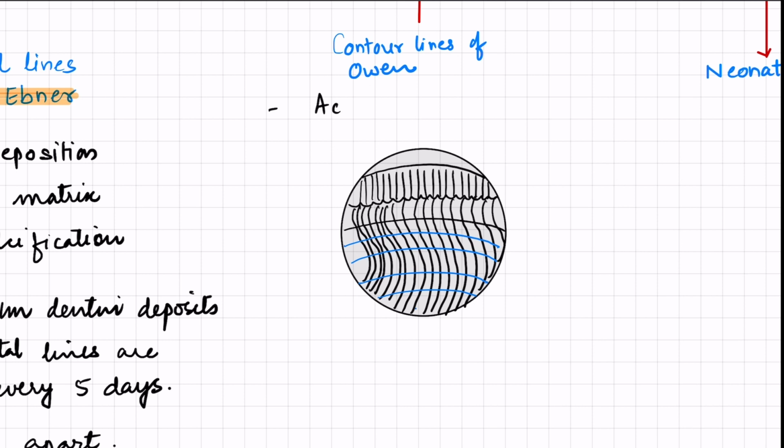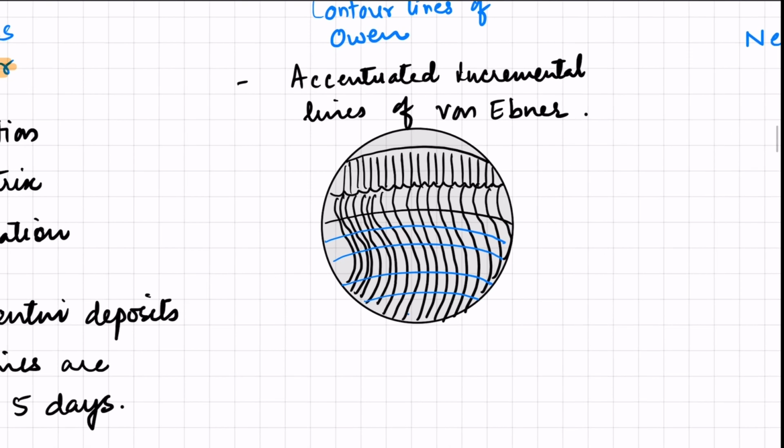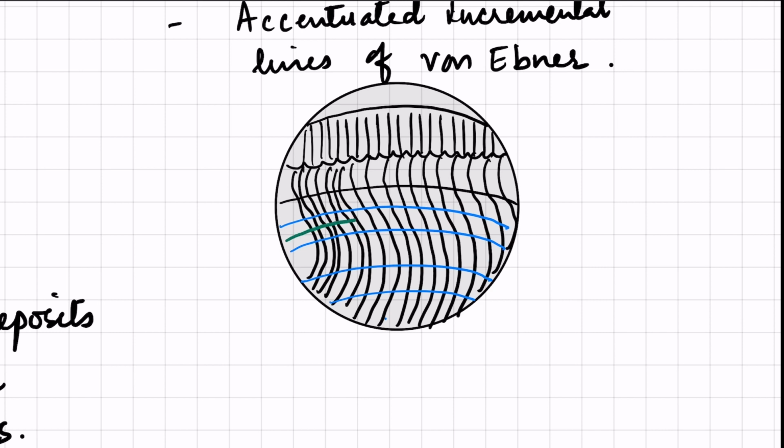Next incremental line is called as contour lines of Owen. These are not any other different incremental lines, but these are the same incremental lines of von Ebner which are accentuated. Okay, so we can say that accentuated incremental lines of von Ebner are called as contour lines of Owen. I am denoting this in the green.